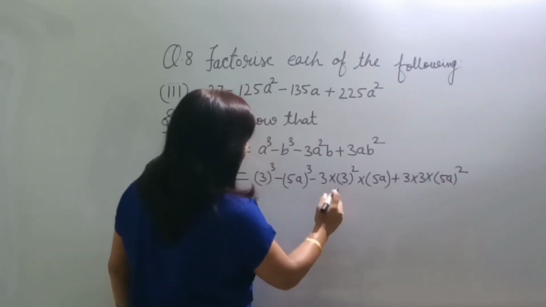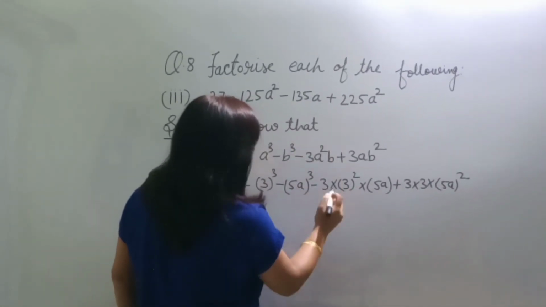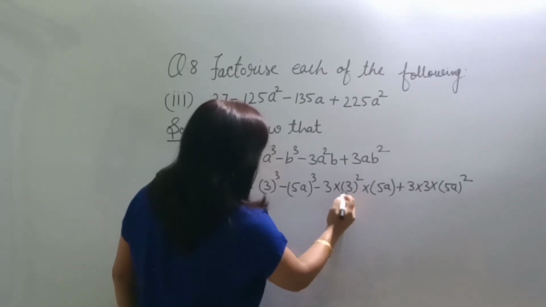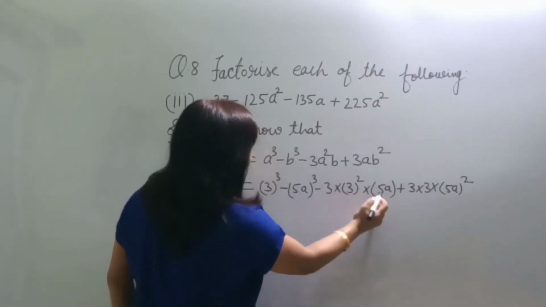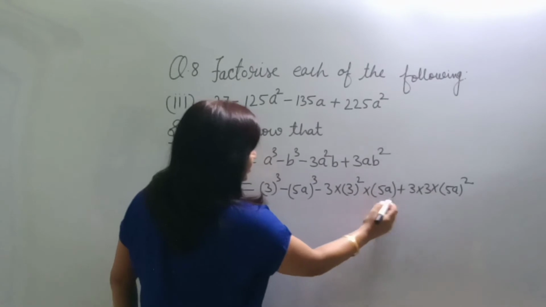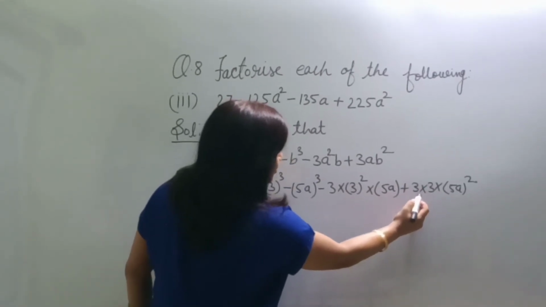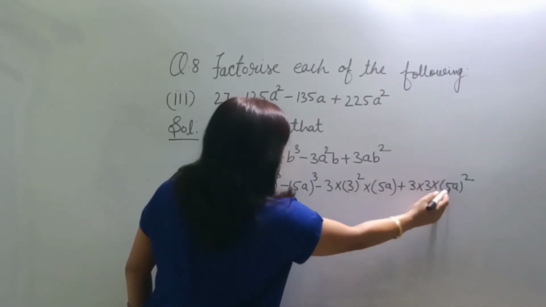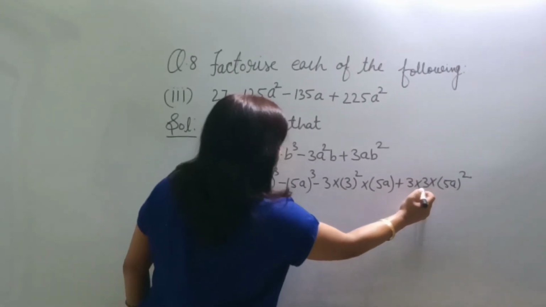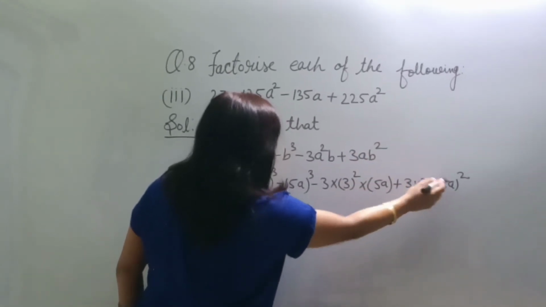When we will solve it, then we will find same value. So here you can check it. 9 into 3, 27, 27 times 5a is 135a. Here you can see also 3 times 3 is 9 into square, that means 25, 25 times 9 is 225a square.